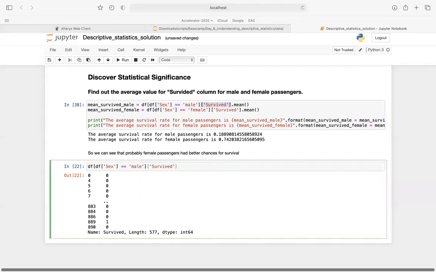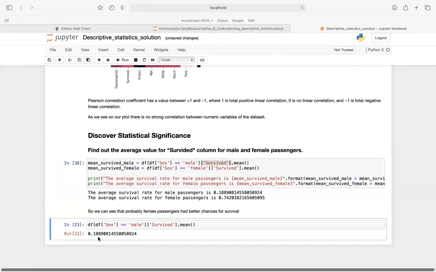And if I say dot mean, so I'm getting the average survived rate for the gender male. Okay, so I'm simply getting the average survived based on the column gender male.